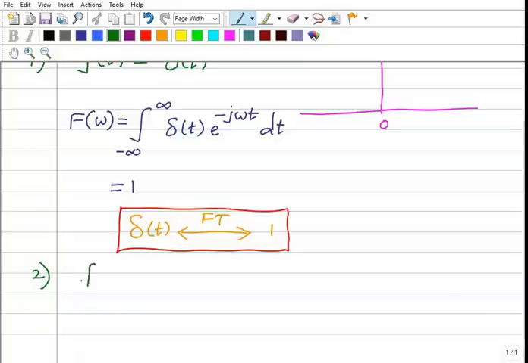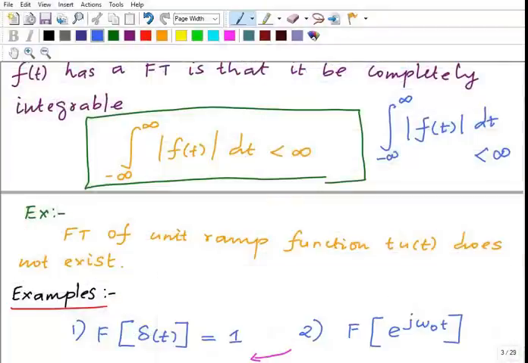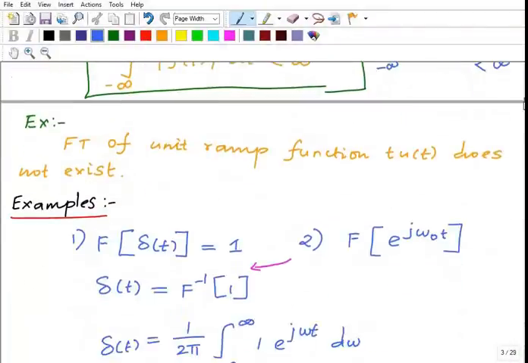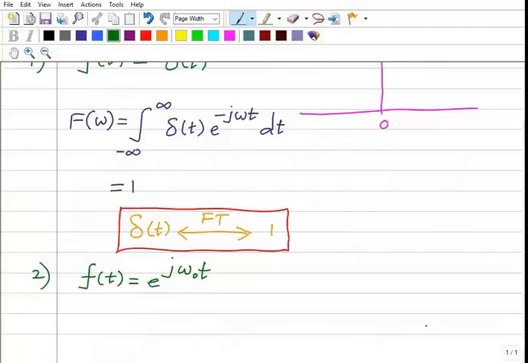Second signal, f of t is e power j omega naught t. See, just now we know this relationship. For delta t it is 1.